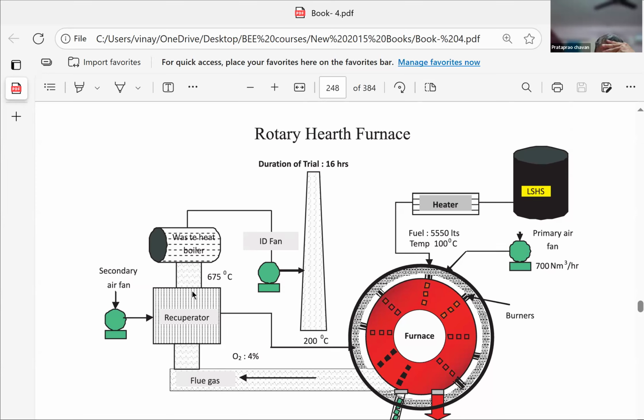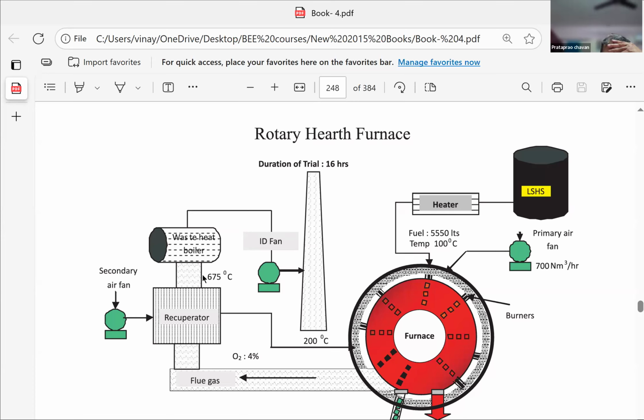After recuperator, the temperature may be still 675 degrees centigrade. Whether it is after or before, I will have to check. He has not clarified it. So this 670, yeah, it is after. This 675 degrees gas is not directly sent outside. It is given to the reheat boiler.